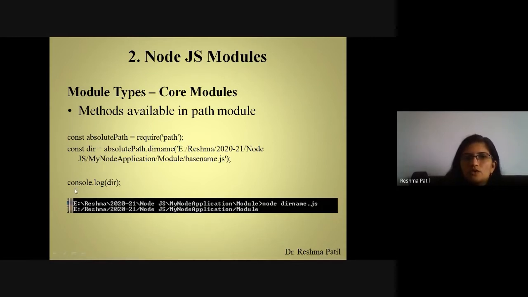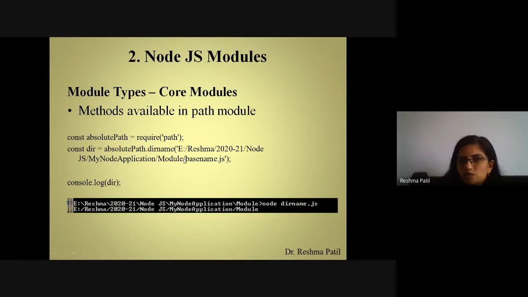When you show the console output of the directory, what is the output? Here is the output. See, till module, it contains all the directories. This one is a directory. 2020-21 is also a directory. Node.js is a directory. My node application is also a directory, and module is the last directory. After that, there is a file base name.js.